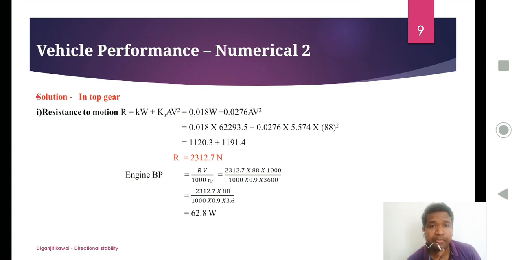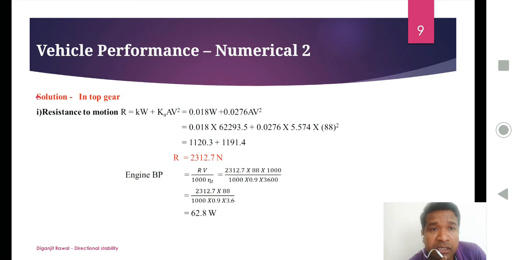So resistance to motion is 2312.7 Newton. Next, engine brake power. We know the formula for engine brake power is RV divided by 1000 into transmission efficiency. So R we calculated as resistance to motion, that value is 2312.7 into 88. We know the value of 88 into 1000 divided by 1000 into 0.9 into 3600.